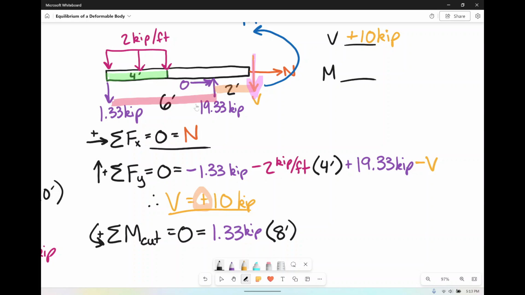Then we have our 2 kips per foot uniformly distributed force going down, which again is going to rotate it positively. Isn't this nice? So we're going to have this time positive 2 kips per foot across a total distance of 4 feet.